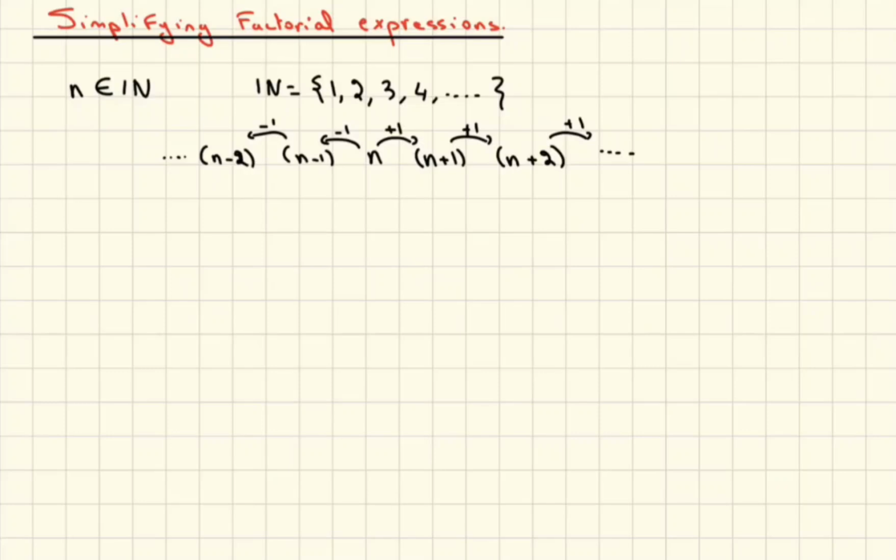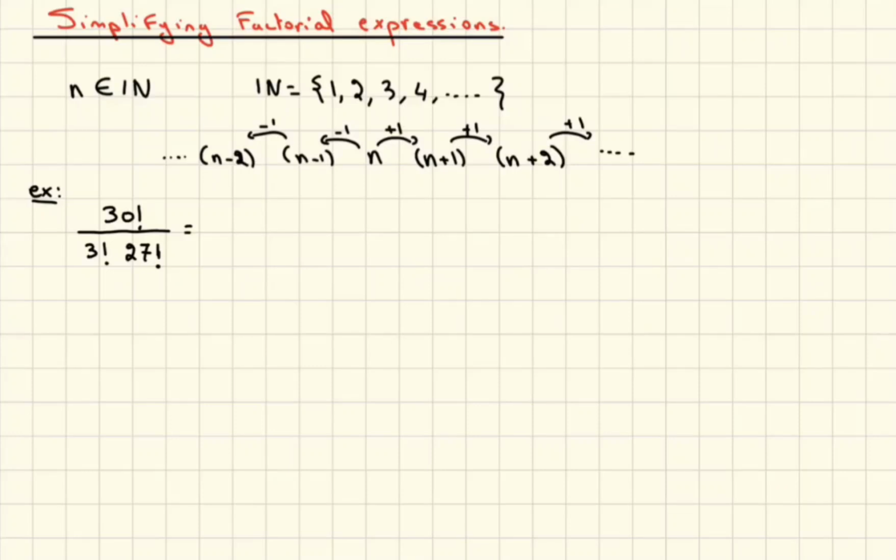Now, knowing these, if you're asked to simplify or evaluate the following expression, so let's say we have 30 factorial over 3 factorial times 27 factorial. And you're asked to do this without calculator and simplify it.